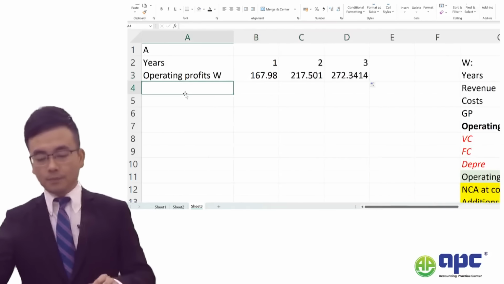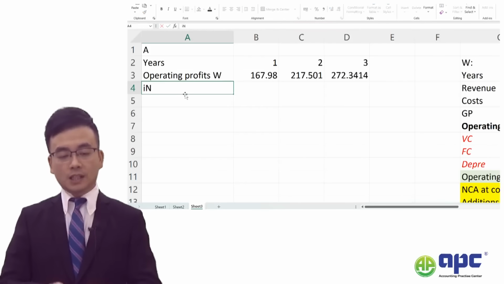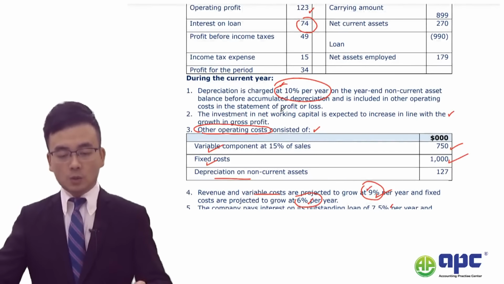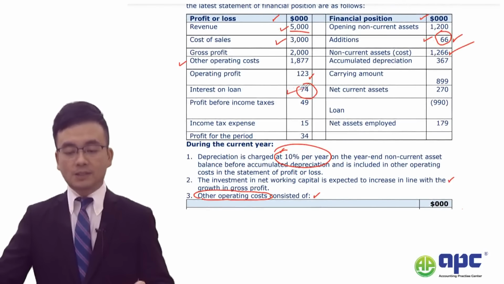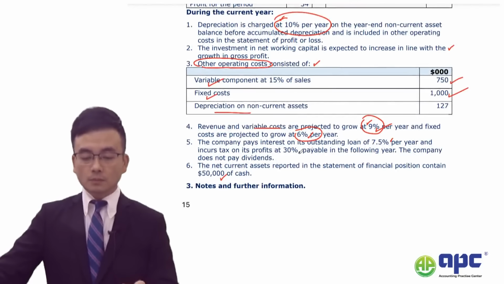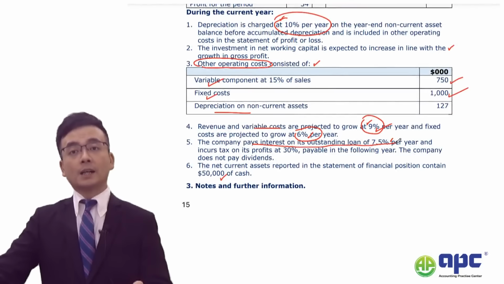Now, from that, to calculate the free cash flows to equity, you also need to take the interest away. The interest, we're told, is just to be 74 there, because the company pays interest on the outstanding loan at 7.5% per year. That interest rate does not change.